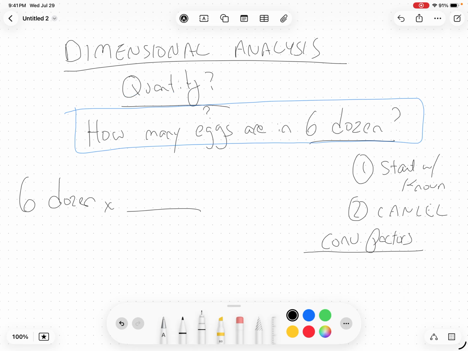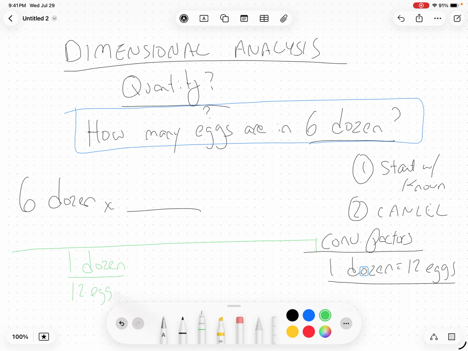Now, how many eggs are in 1 dozen? 1 dozen equals 12 eggs. Okay, so this is a conversion factor we can use. Now, depending on the problem, whenever we talk conversion factors, I'll write it down here, that would mean that we're either going to have the fraction as 1 dozen over 12 eggs, or 12 eggs over 1 dozen.